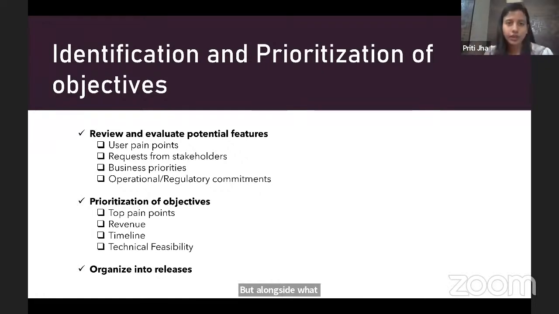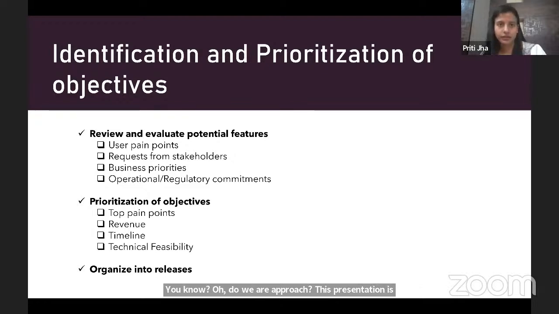When I say product analytics, to come back to the way I approach this presentation, it is what your metrics say: how many users have been using my product, which features are being used the most in my product, how much time the user is taking. That's again very subjective, but I'm just calling out certain metrics that are usually laid out when we are assessing a particular product. And these are very subjective to whichever product you're building.